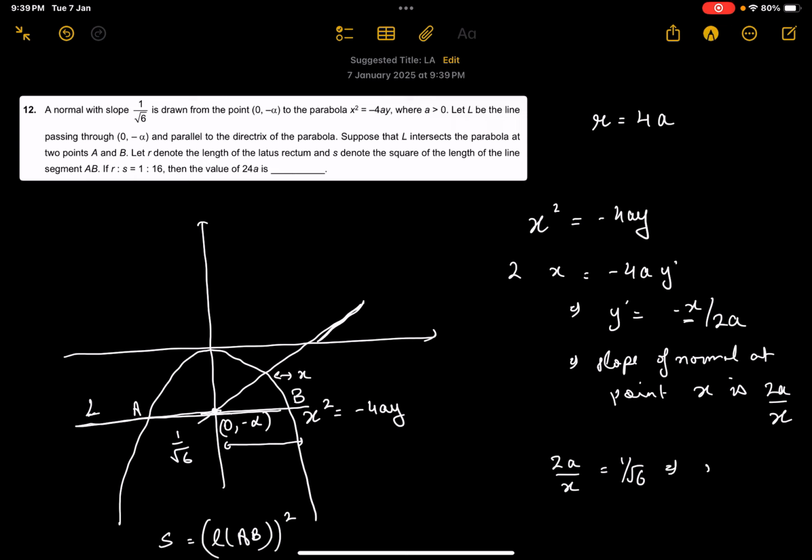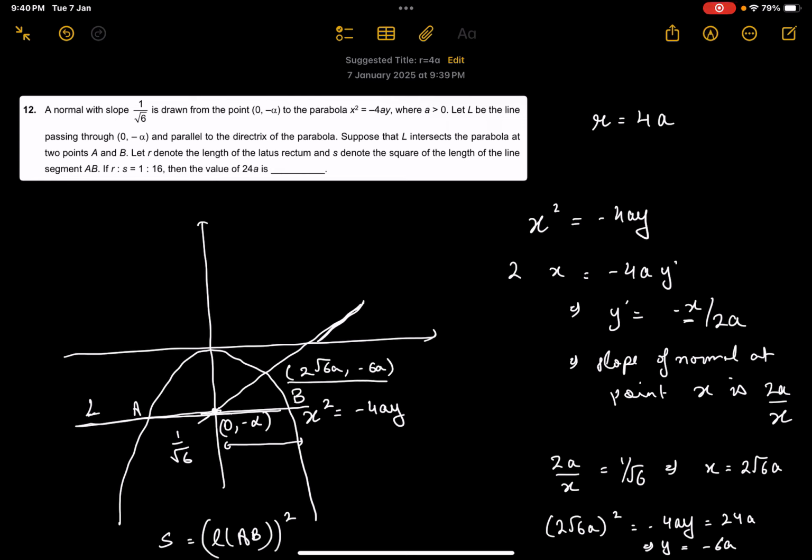We get x is 2 root 6a, which gives us (2 root 6a) squared is 24a squared, which gives us y is minus 6a. So the coordinates of this point become (2 root 6a, minus 6a).